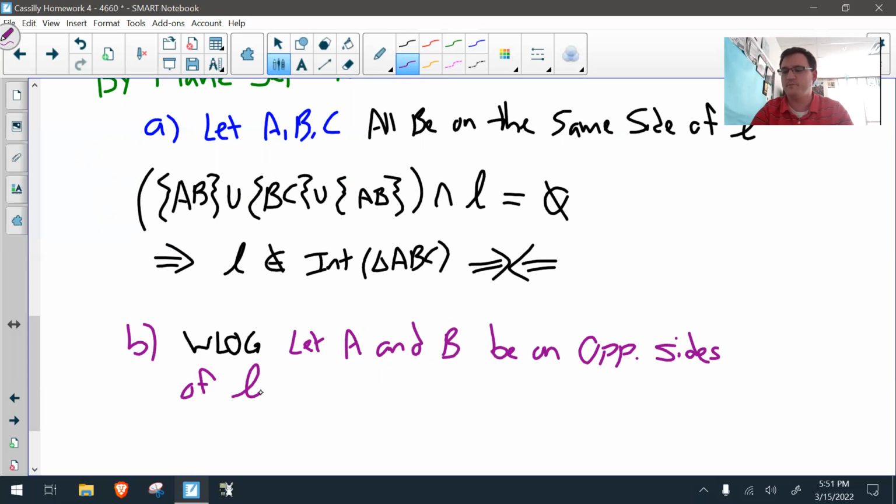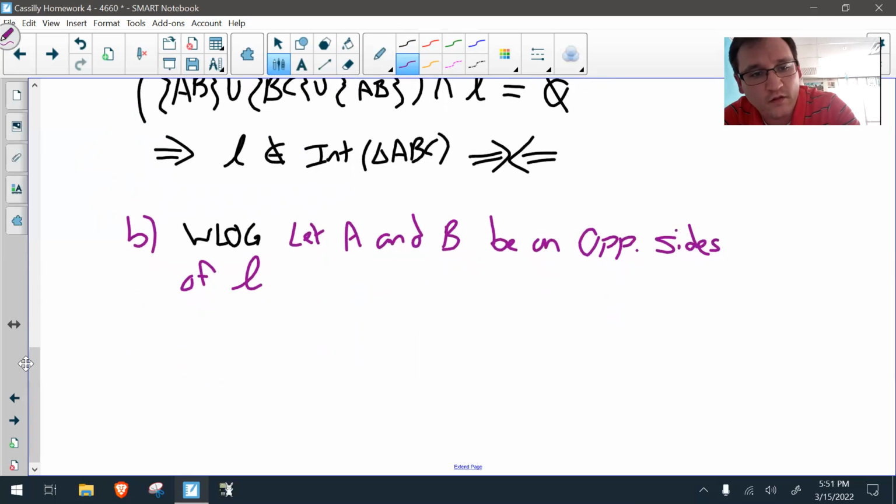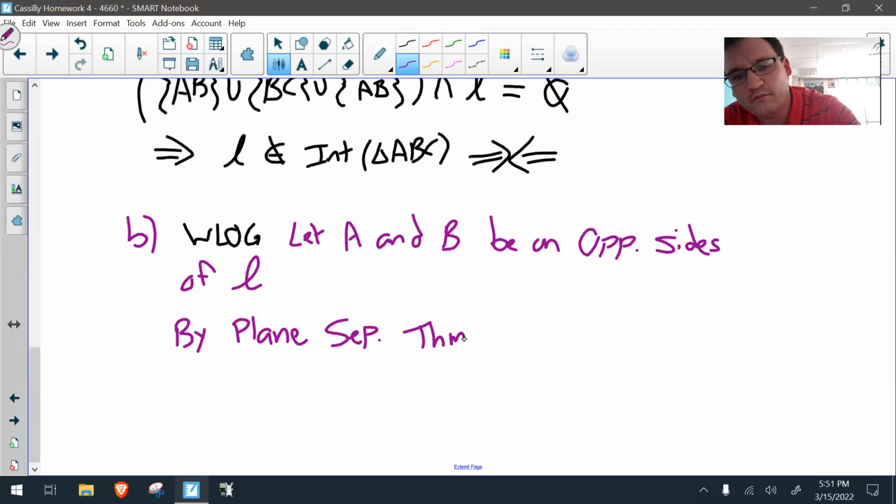Okay, so what this means is that if A and B are on opposite sides of L, then by the plane separation theorem, we know L intersect AB cannot be empty.